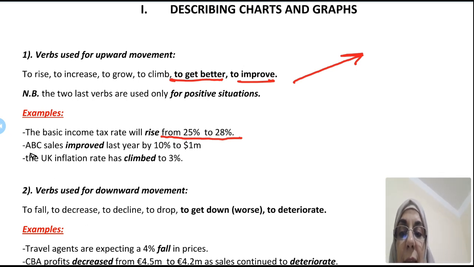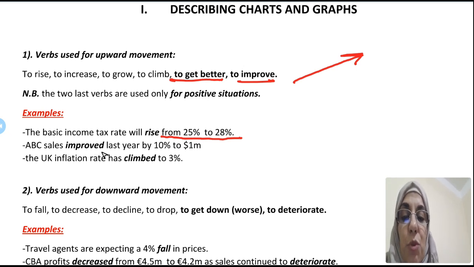Second example, ABC sales improved last year by 10% to $1 million. Well, improved. Why have we used the past simple tense? Simply because we have the fragment or the expression last year. So we should use the verb in the past tense. And since it's a regular verb, we have only one possible spelling, which is the addition of ed at the end.